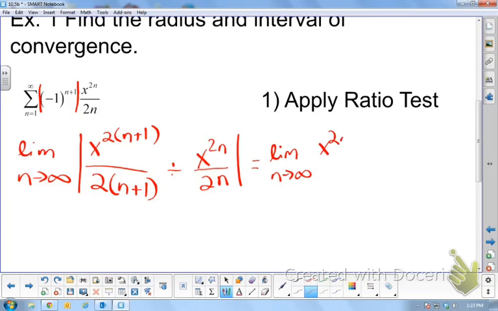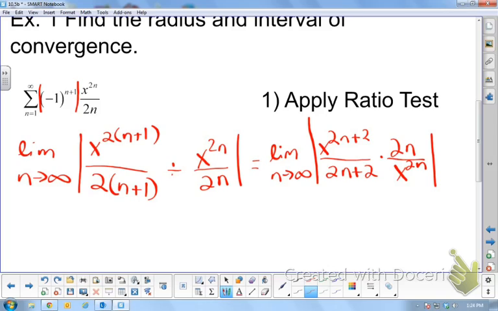I'm going to distribute that 2n as well. X to the 2n plus 2, 2n plus 2 on the bottom times absolute value 2n over x to the 2n. So when we were doing the ratio test, it was great if we had exponents or if we had factorials, because those would cancel out nicely.